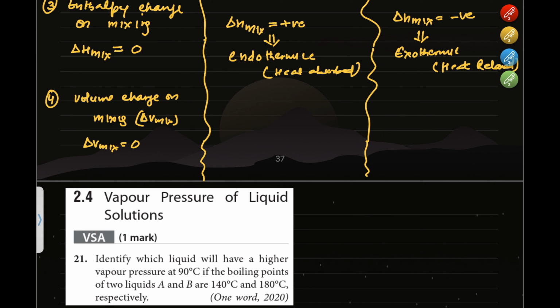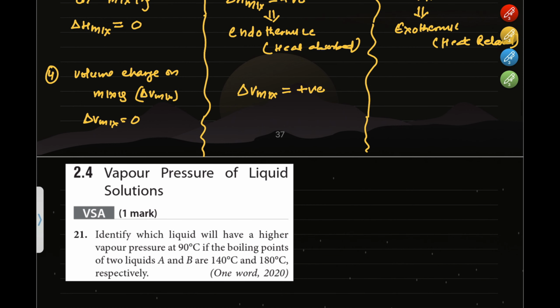Volume change on mixing for a positive deviation, the delta V mixing for a positive deviation is positive. This means volume increases. Why? Because when we add a solute in the solvent, the volume of the solution is greater than the total volume of the solute plus solvent.